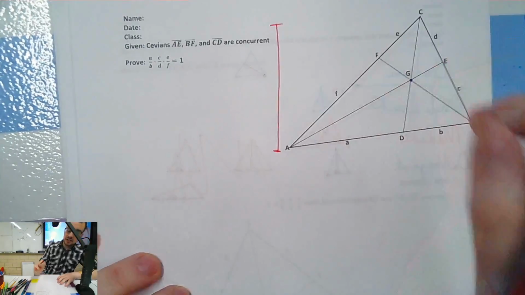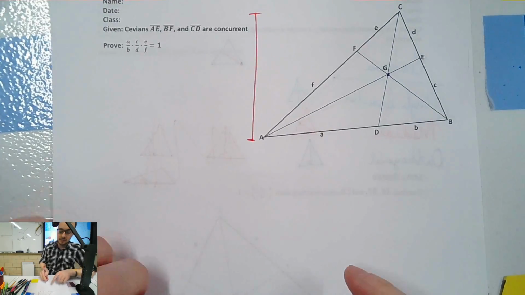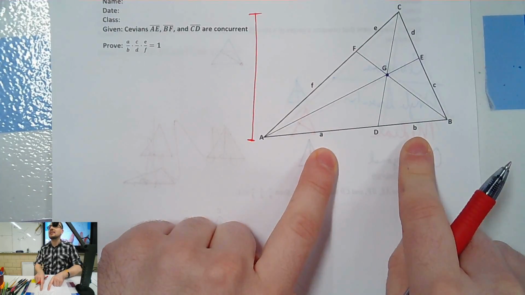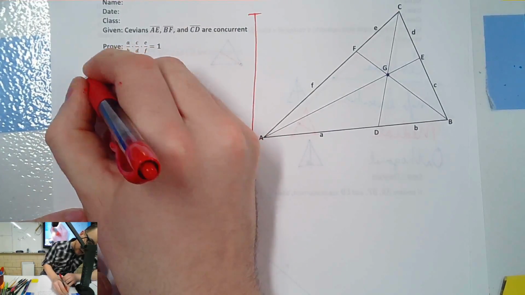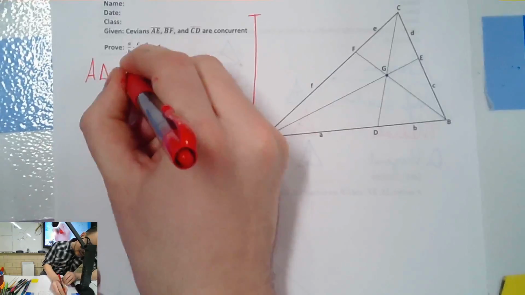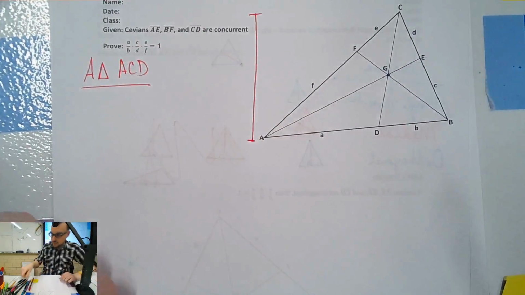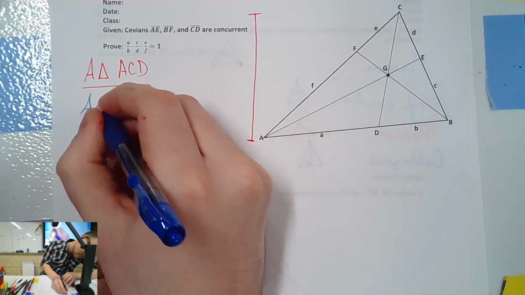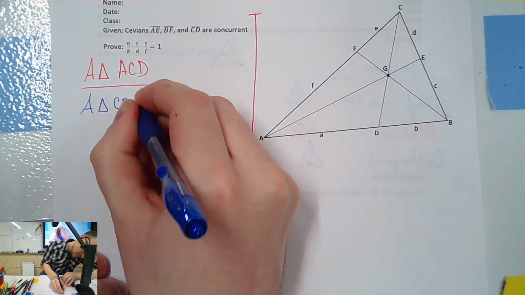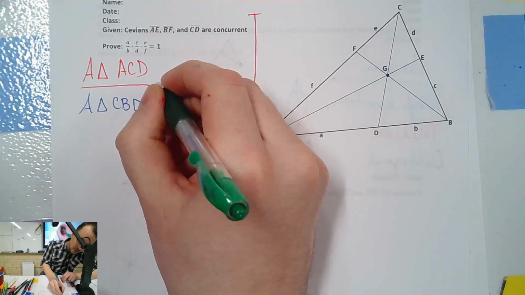So the area of ACD should relate to the area of BCD in what way? A over B. Their bases. So the area of triangle ACD divided by the area of triangle CBD should relate to their bases.